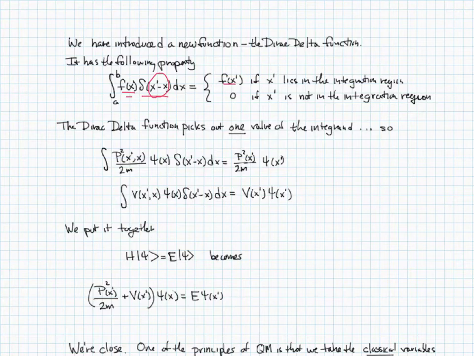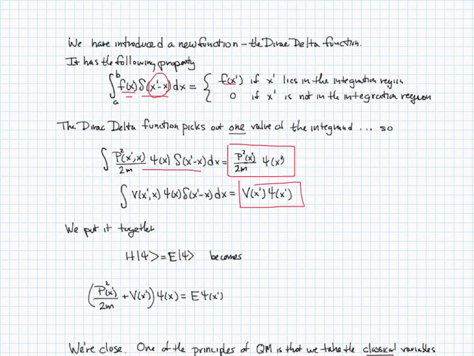So in our integration case, if you think back to the previous thing, we have this integral we're doing. And so what it does is it picks out when x prime and x are equal. So we end up with that integration looks like that. And the V of x prime, x, psi, etc., collapses to that.